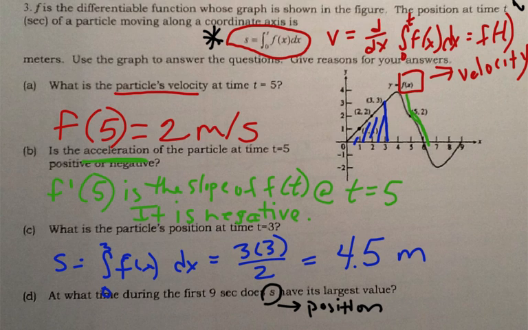So I'm looking at when have I accumulated the most area under the curve, the most positive area under the curve. So I'm getting positive area everywhere from 0 to 6. Then I start subtracting area off. So my largest position is going to be at the time t equals 6 because I've accumulated the most positive area at that time, and after that I begin losing area.